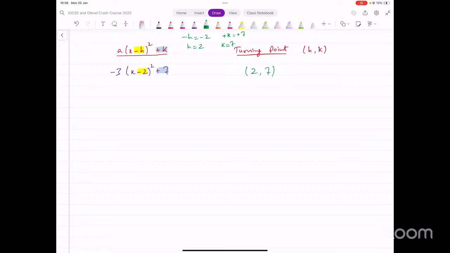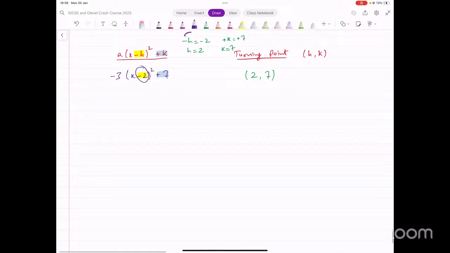Okay. Now notice we have a negative sign with h here. Because of that, whatever is the number that you have here, since this minus has to be removed from the equation, this number will actually change its sign when we write down its coordinate, right?